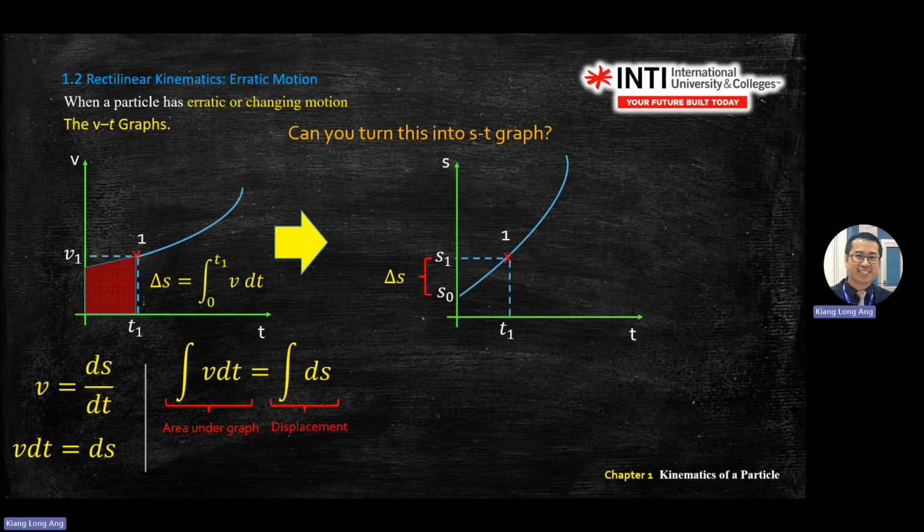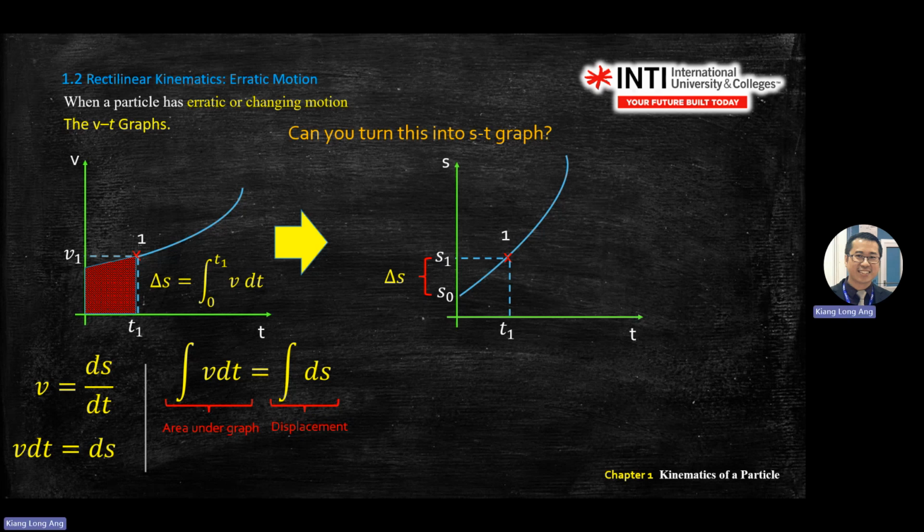And if you move backwards, let's say you start with a VT graph, VT converted back to ST, you do integration, y dx. Then you move from AT back to VT, you do integration also.